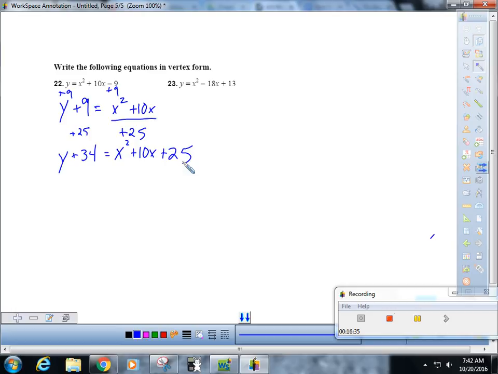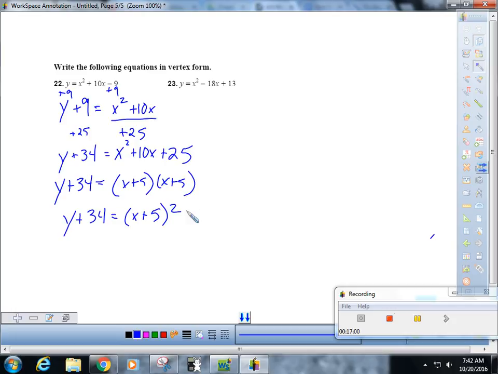Any idea what we would do next? Factor the right side. Excellent. You guys are doing great. Y plus 34 equals x plus 5 times x plus 5. So y plus 34 is x plus 5 squared. We're almost done. No, I'm not going to square root because we're not solving it, but that makes sense. That's what we've done up until this point.